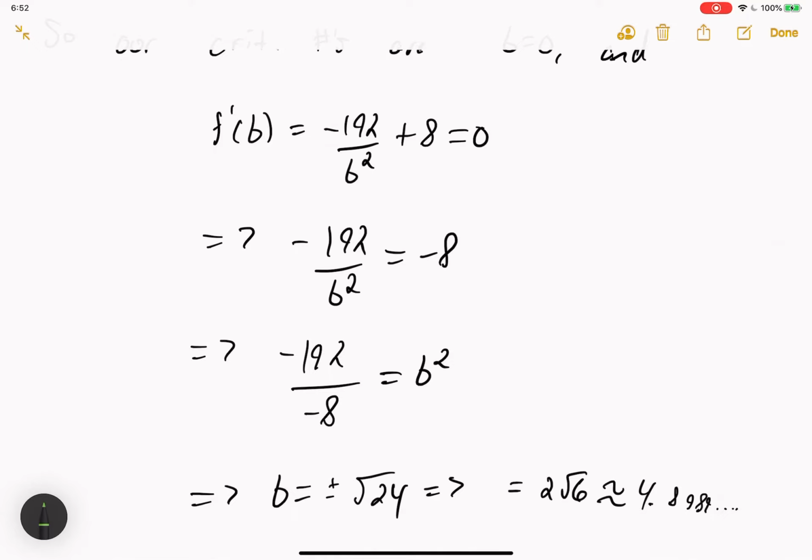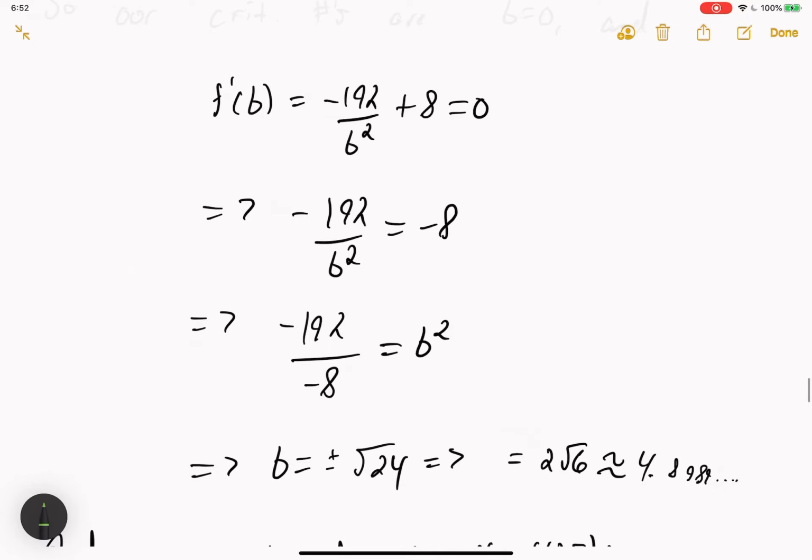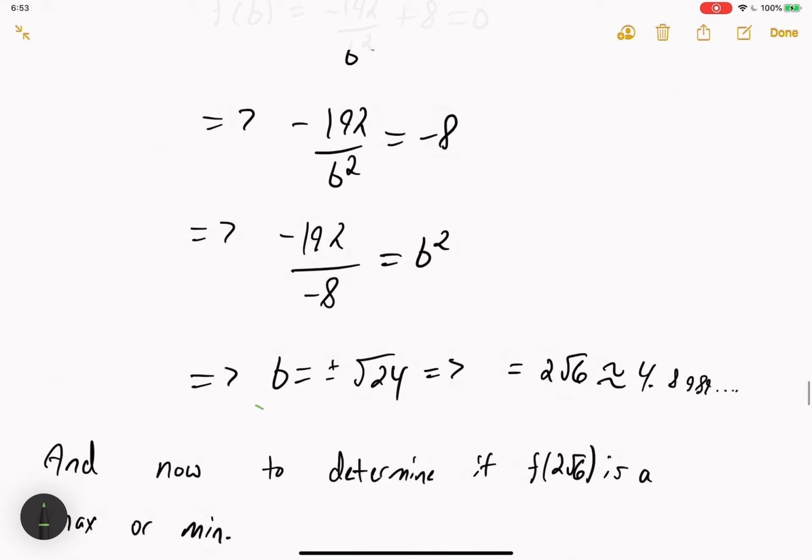Setting the derivative equal to 0, we get B equal to plus or minus the square root of 24. Again, B is positive, and simplified, B is equal to 2 root 6, which is approximately 4.9.